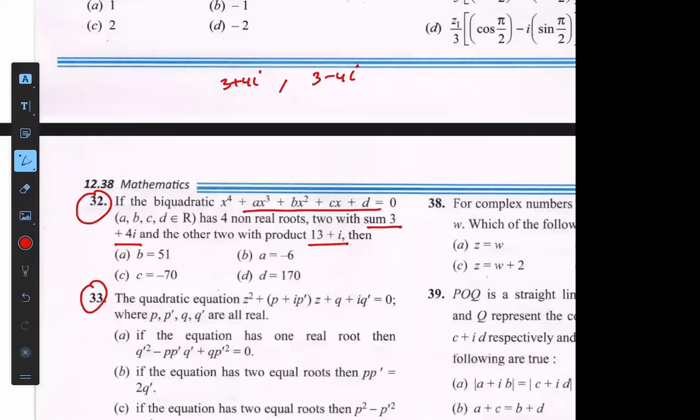So basically, let's say these alpha, beta, gamma, and delta are the 4 roots.